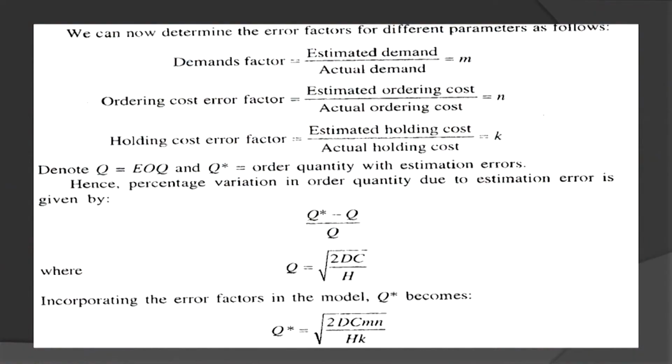So, let us determine the error factor. What are the important components of the two costs, carrying cost and ordering cost? Number one is the demand factor, because how much material you will be ordering will depend upon the demand. People say that there is a problem in estimating or forecasting the true demand or the actual demand for the product we are manufacturing, or that different firms are manufacturing.